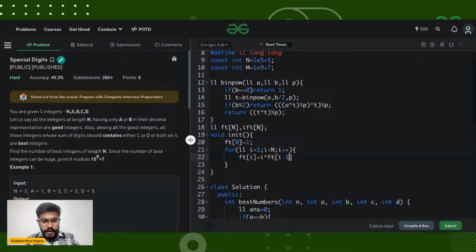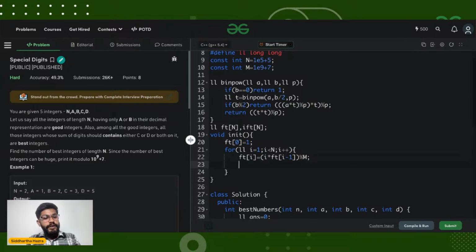And this would be whole modulo m. Okay. Seems correct.